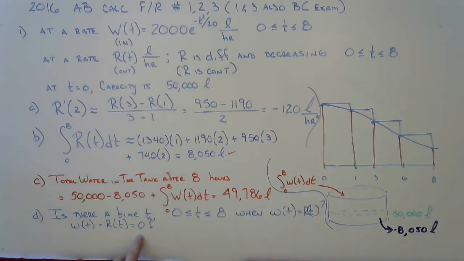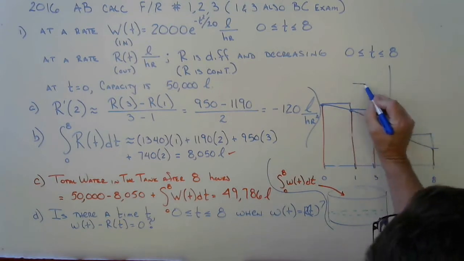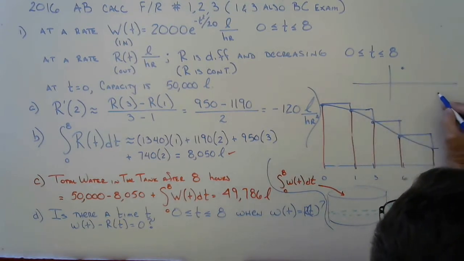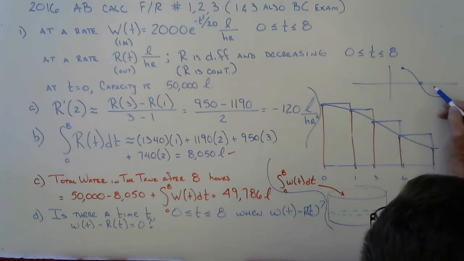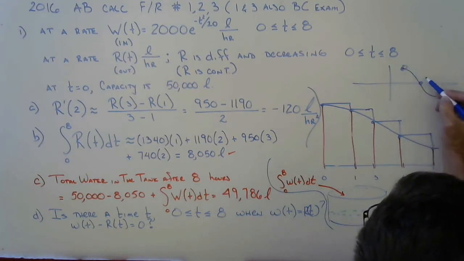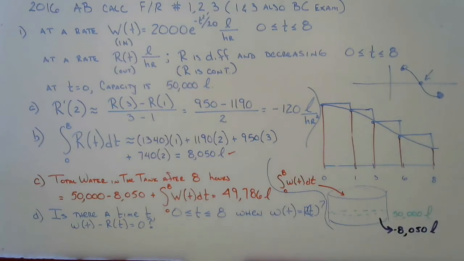Well, if it's bigger than 0 at some time and smaller than 0 at another time, then I know it has to equal 0 for some time in between because it's continuous. If the difference is bigger and smaller and it's continuous, then there's going to be some time where it equals 0. So that's the intermediate value theorem.